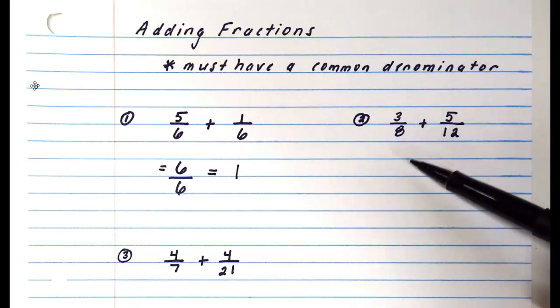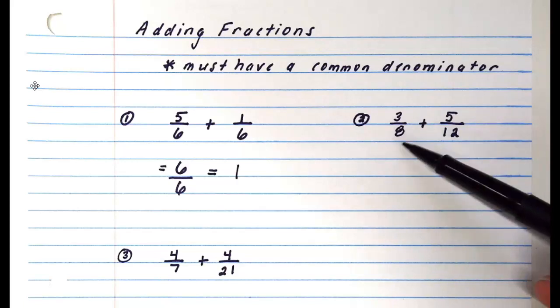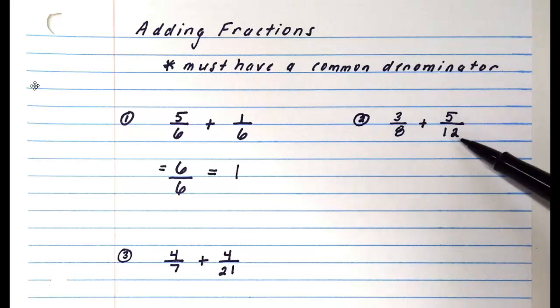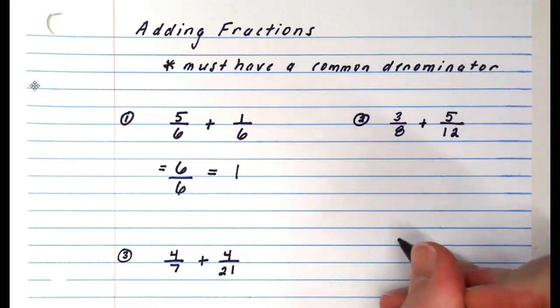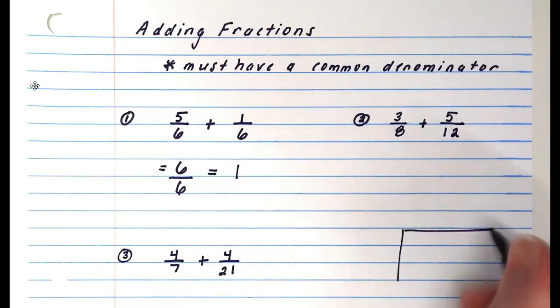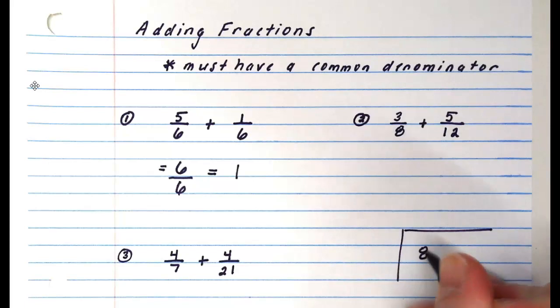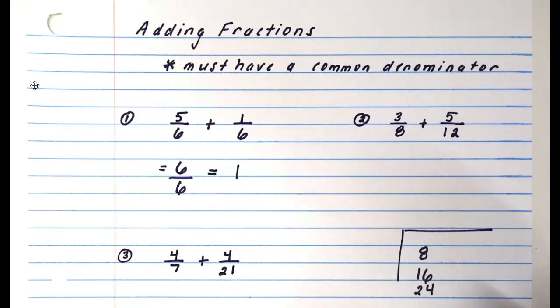So we can do this a couple ways. You can sort of do it mentally and think in your mind multiples of 8 and multiples of 12 and see which one matches. If it helps you to write them down, you might have to do that. For instance, if I come off to the side here and just do multiples of 8, it would be 8, 16, 24, 32, and so on.